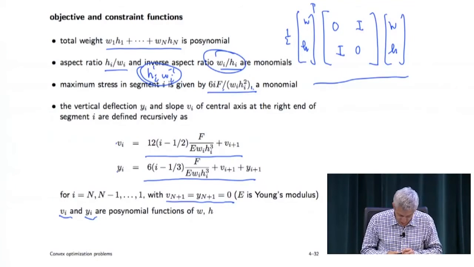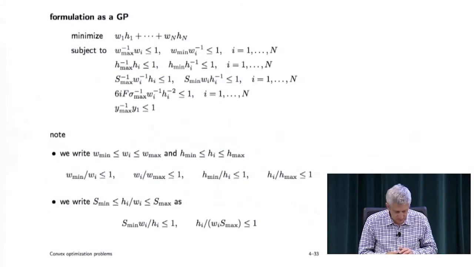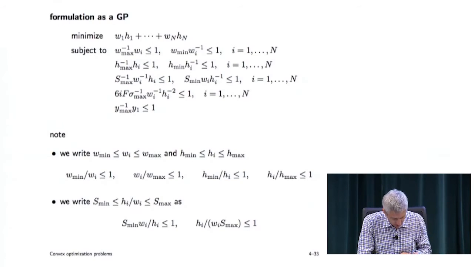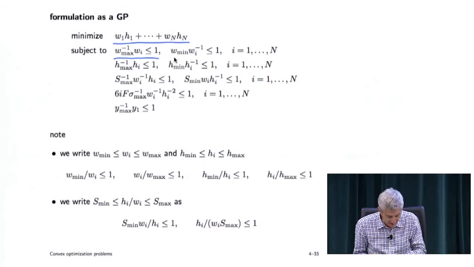And that's very interesting because we're interested in Y1. That's the deflection at the end. Sorry, Y1. Okay, so we write it this way. We're going to minimize this. That's a polynomial. Subject to, this is the way to say Wi is less than W max. That's a maximum width. That's a minimum width.